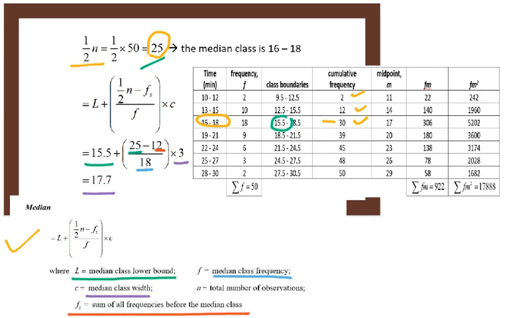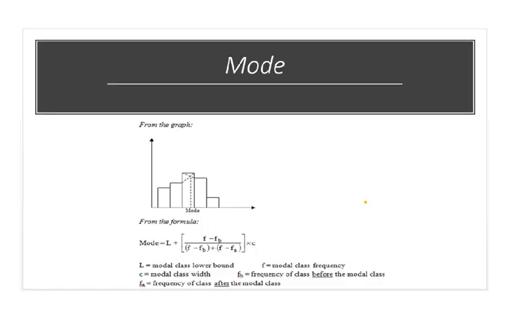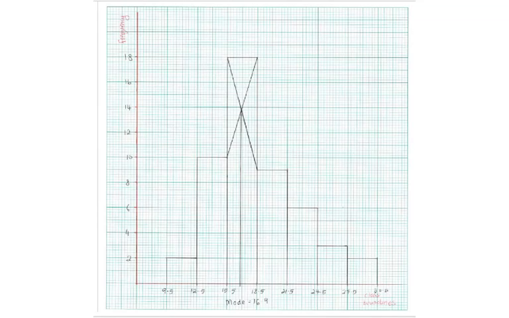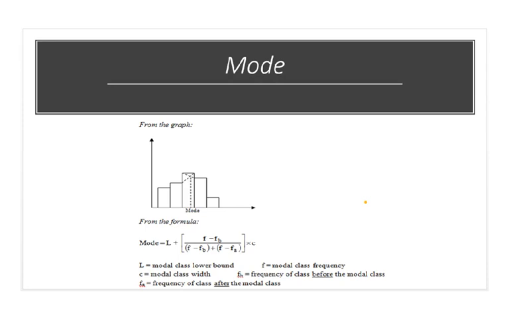Okay, and then we move on to the last measure of location, which is mode. The same thing, we can use two methods to come up with the mode value. The first method is estimation, where we estimate from the graph, and the second method is using the formula.